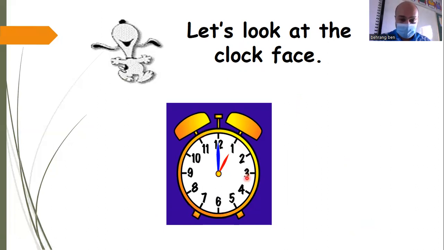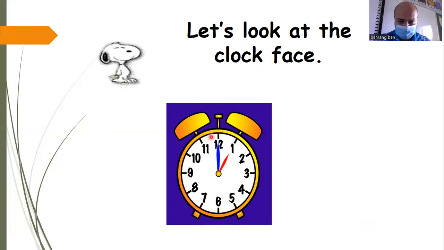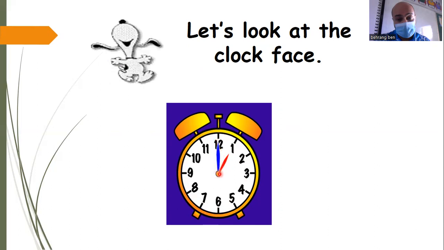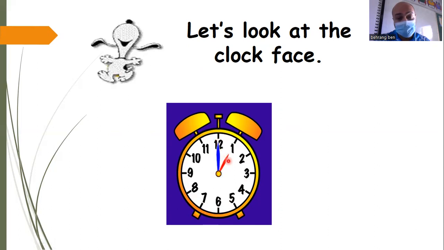All right, this is a clock. Okay, my friends, pay attention here. What are these? This short red hand and this long blue hand.